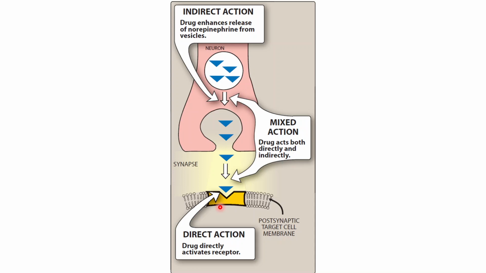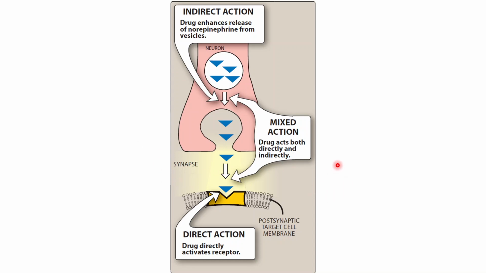The second group is indirect action, like cocaine and amphetamine, and these can enhance the release of the norepinephrine from the vesicle or decrease the reuptake.